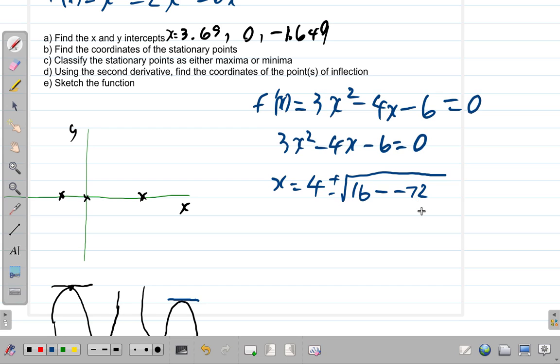Now, this will be over 2a, which is 2 by 3, is 6.